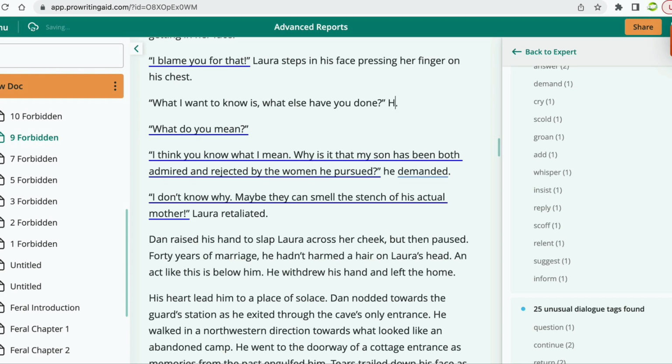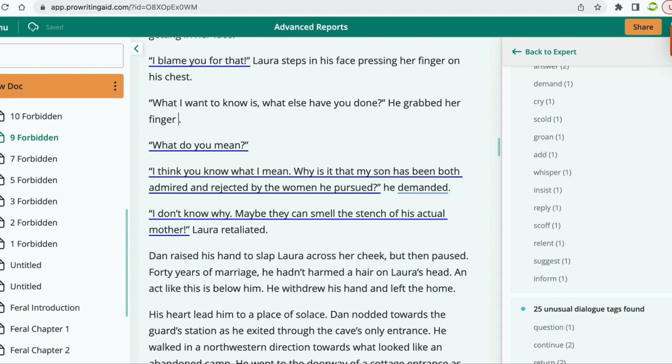Let's do this. He grabbed her. Let's say he grabbed her finger and pushed her hand away from his chest.